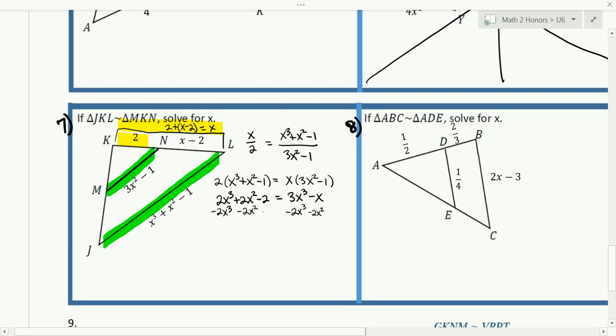I'm going to add 2, and that zeroes out the left side for me. On the right side, I'm going to have an x cubed, a minus 2x squared, minus x plus 2.